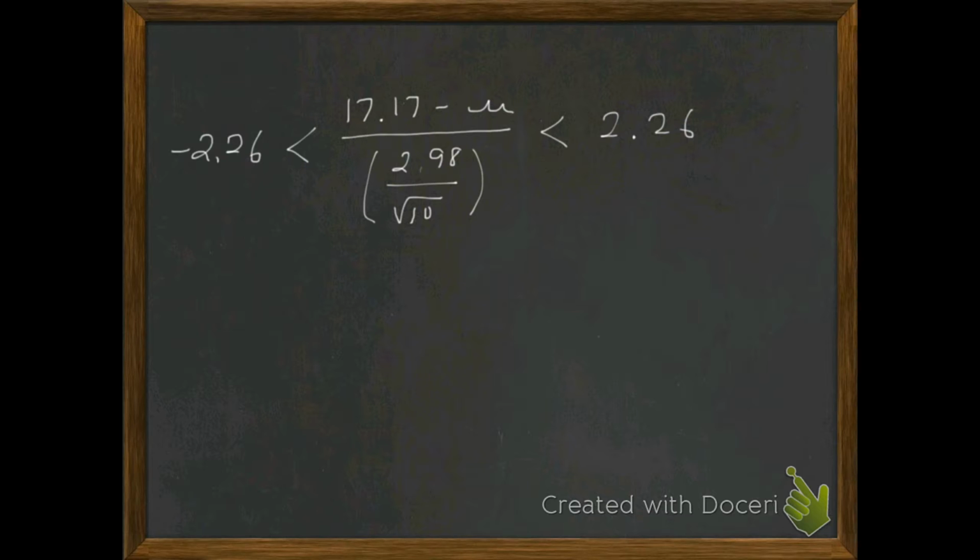Hopefully you're following along with me here. So when I multiply through, I get negative 2.26 and, whoa, why don't we do it right? 1.3 to positive 2.13.